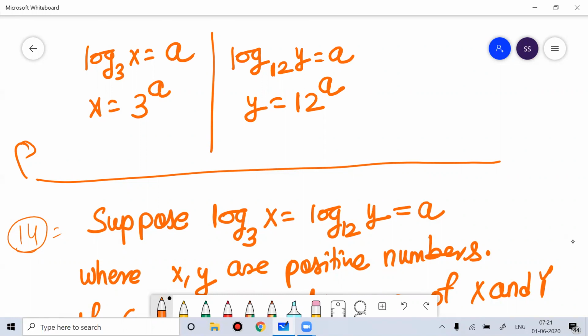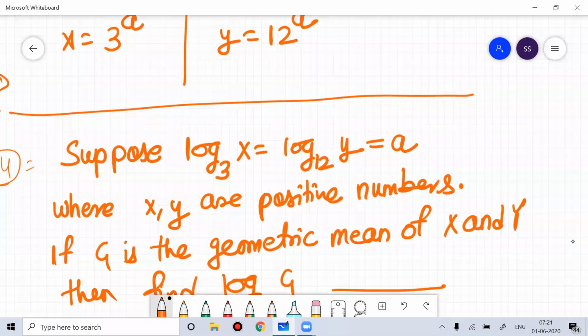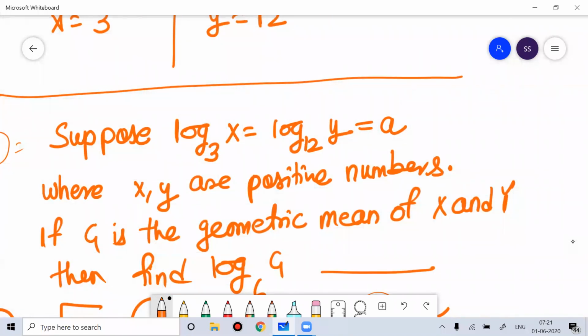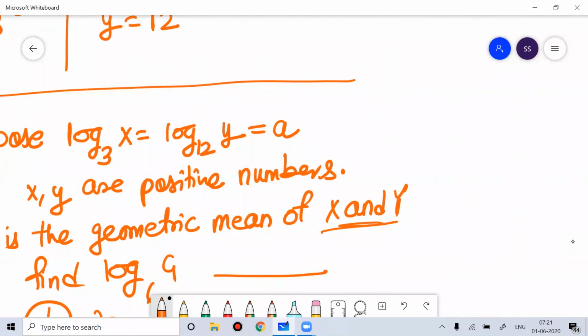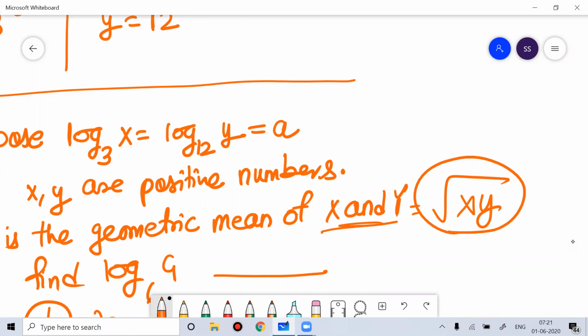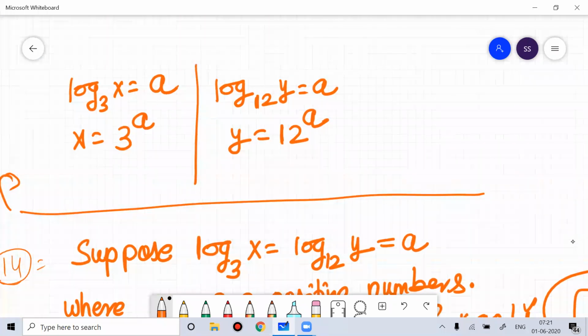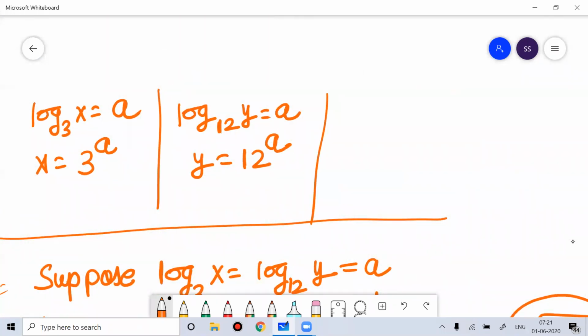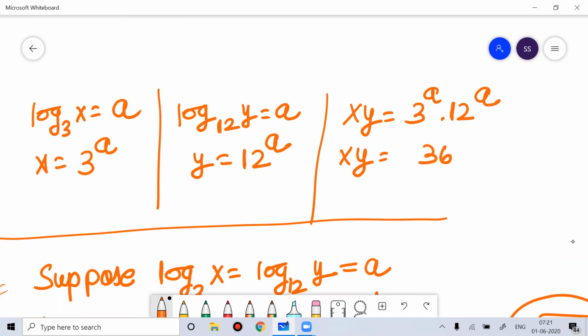So I can write in terms of x and y, where G is the geometric mean of x and y. What is the geometric mean of x and y? That would be root of xy. So x into y is 3 to the power a into 12 to the power a, which is 36 to the power a.